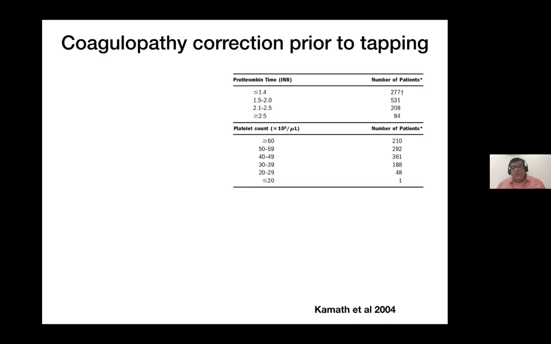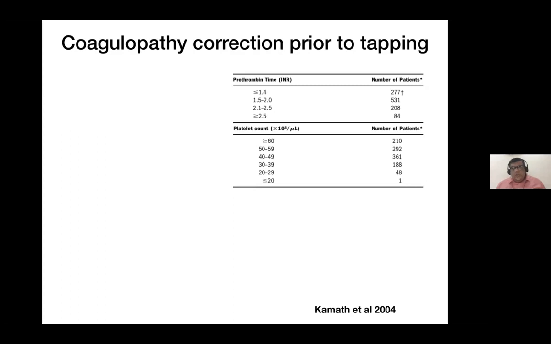Another 208 patients had 2.1 to 2.5. Another 530 patients had 1.5 to 2. And similarly, platelet counts varied from 19,000 to normal counts. And almost 800 patients had a platelet count below 60,000. So that was a very, very interesting patient cohort.